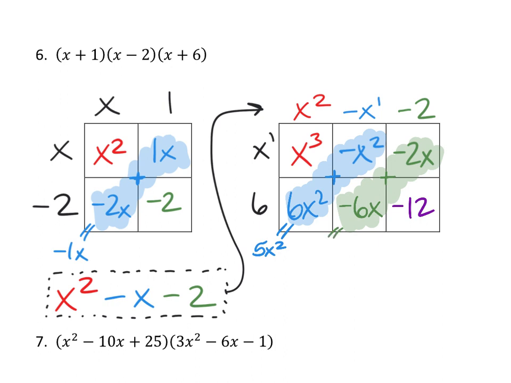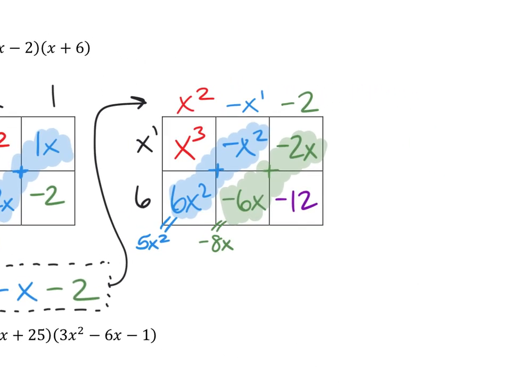The green ones would become negative 8x because they're both negative, so you add the numbers, keep the sign. And then we just take all of the numbers out of the box, and we have our final answer. The final polynomial here would be x cubed plus 5x squared minus 8x minus 12.